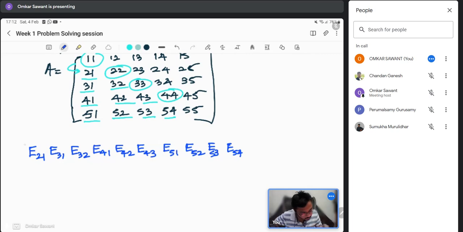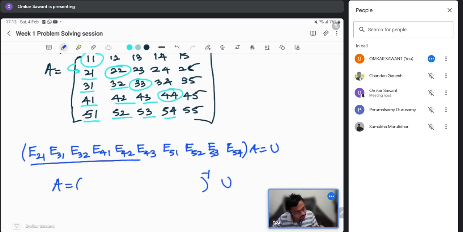Okay. So finally, A will be what? Times U. So the inverse of this whole thing, right?